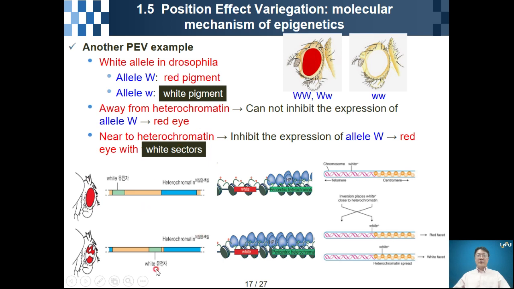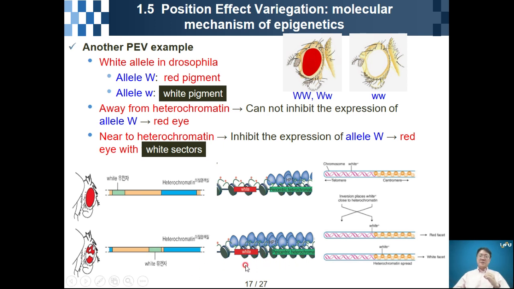So when the white gene is near the heterochromatin, in this case some abnormal gene rearrangement happens. So in this case the white gene is very close to the heterochromatin region. For example, this white gene is inside of the heterochromatin region. This region is very condensed. When the gene is located in the condensed region, the white gene cannot be expressed.